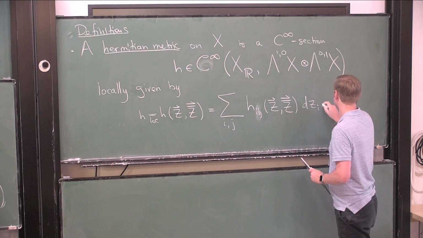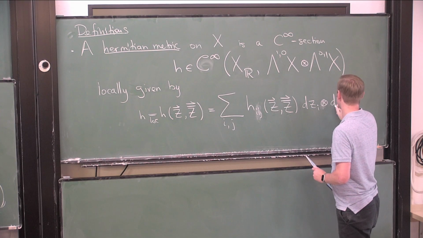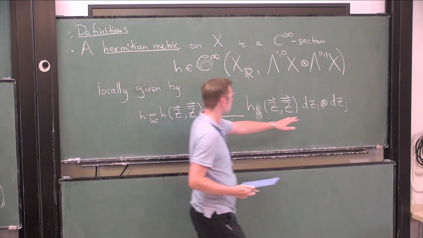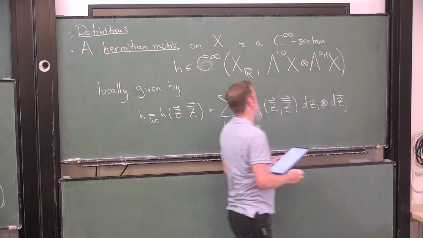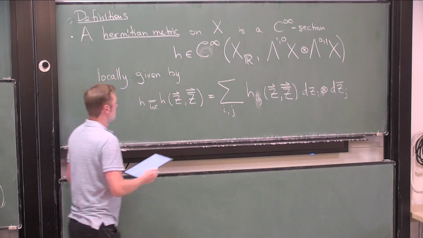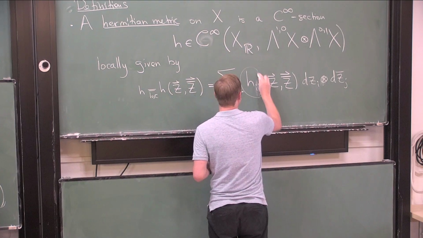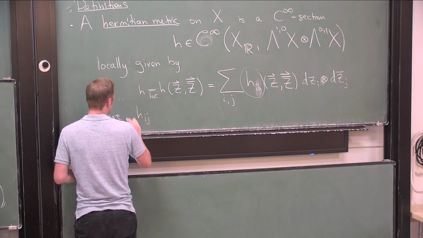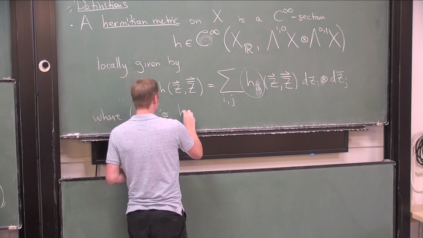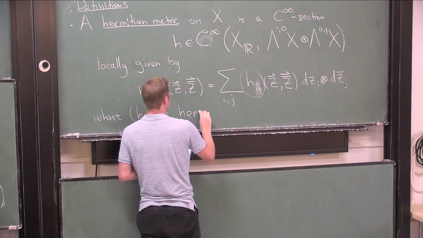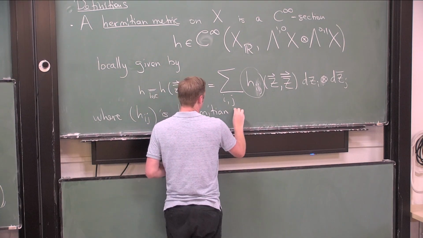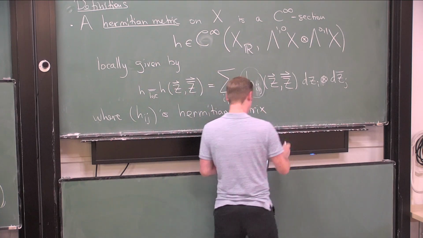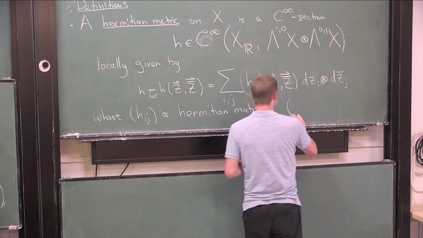And it's given as usual, the way you expect a metric to be. It's a 2 tensor that eats vector fields. And the important thing is that this coefficient h_ij is a Hermitian matrix.